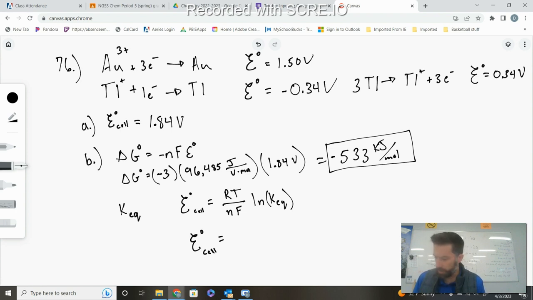I got a different value than what they did, so I did something wrong. Let me see if my gas law constant is right. Yeah. So with the gas law constant, here we go. We're just going to write the value down.